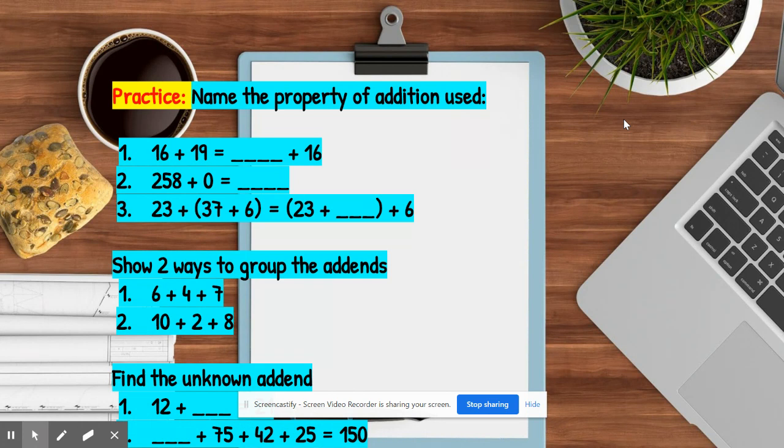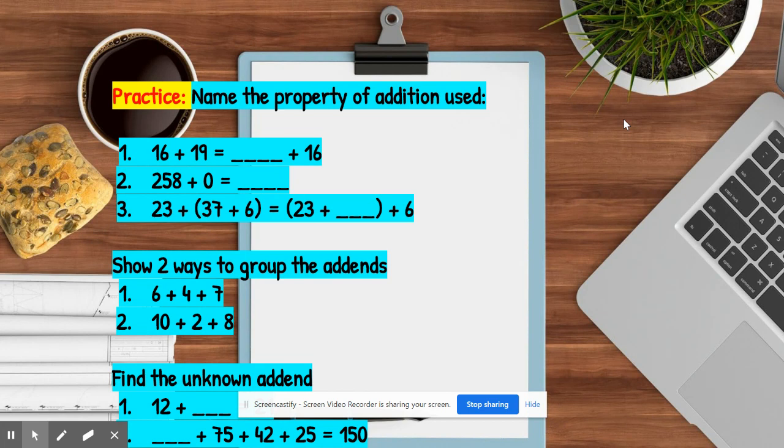Problem number 1 says 12 plus blank equals 21. So everybody write that one down. 12 plus blank equals 21. And the direction says to find the unknown addend. What does that mean?